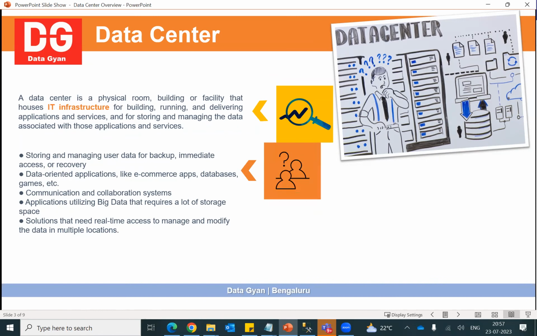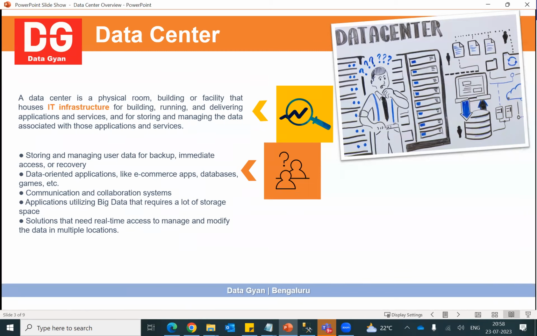So why do we use the data center? Accessing the data or having the data in some sort of box is not the only thing. There are a lot of things we have to do in the background. You have to take backups, you have to give availability, 24/7 it has to be available so that you can access your data.